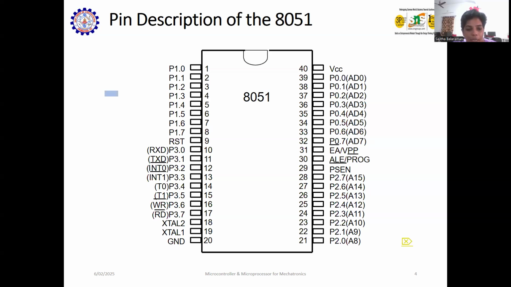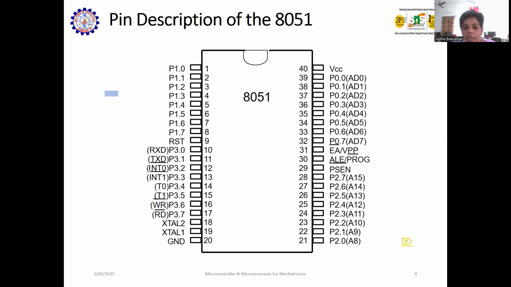Again from pin 10 to pin 17, it is for port 3, which again carries 8 pins, from P3.0 to P3.7. Next, pins 18 and 19 are for XTAL2 and XTAL1, and pin number 20 is the ground pin. Pin number 21 to pin number 28 is for port 2, which carries 8 pins starting from P2.0 to P2.7.